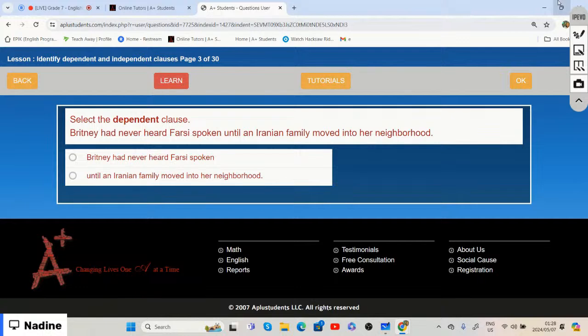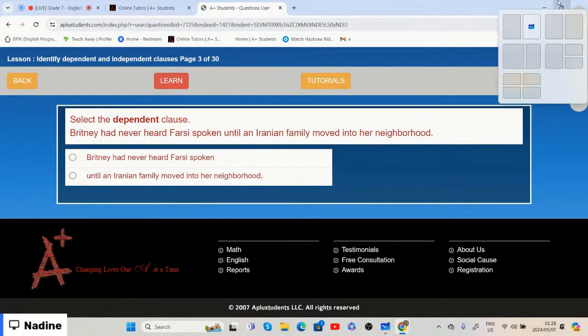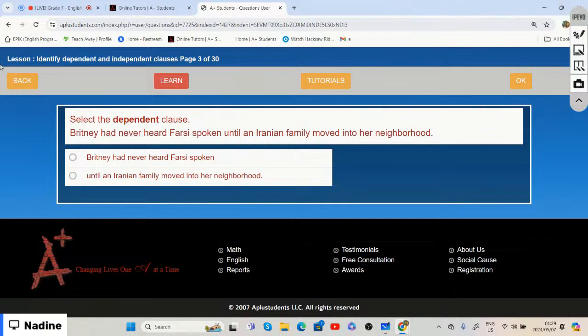We need to select a dependent clause. Remember, the dependent clause is a clause that cannot stand on its own.